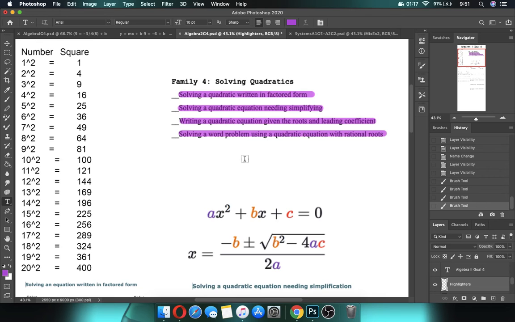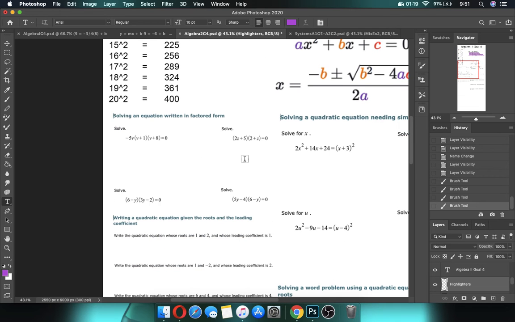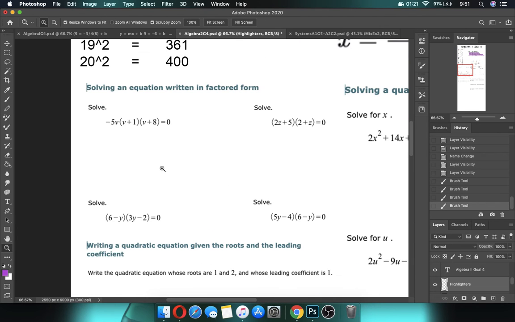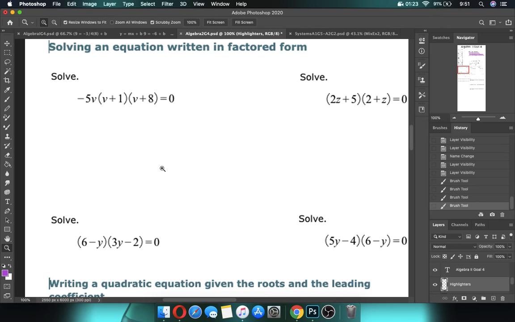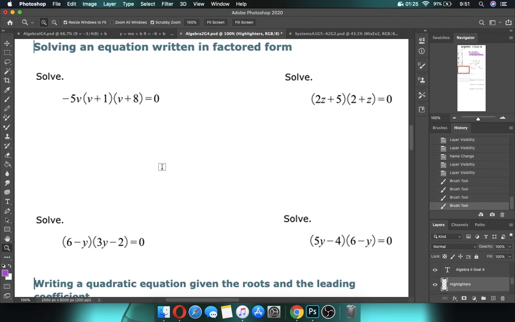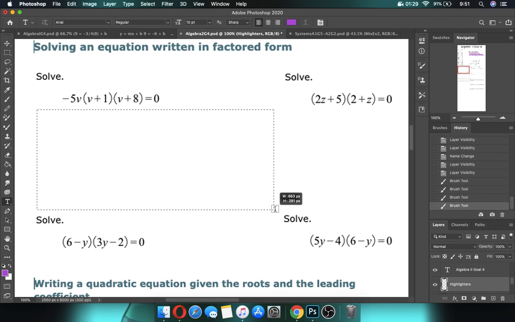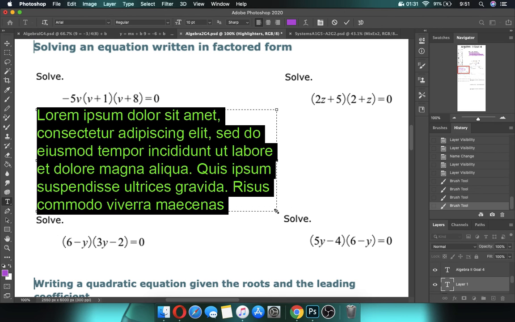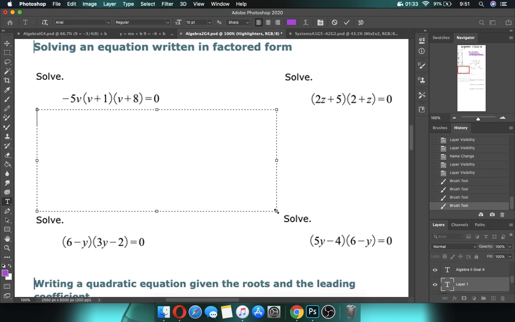First things first, solving a quadratic written in factored form. So let me zoom in a little bit so we can actually see the screen grabs that I grabbed. When you realize what you're doing for this, it's kind of absurd, because what you're actually doing is taking each individual piece. If we look at this specific equation, we have the 5v and then v plus 1 and then v plus 8.